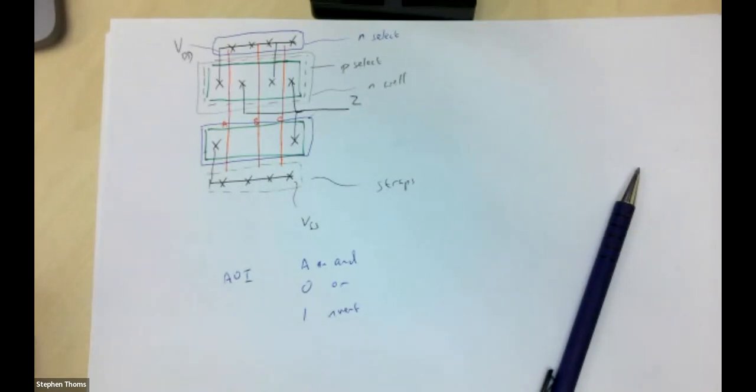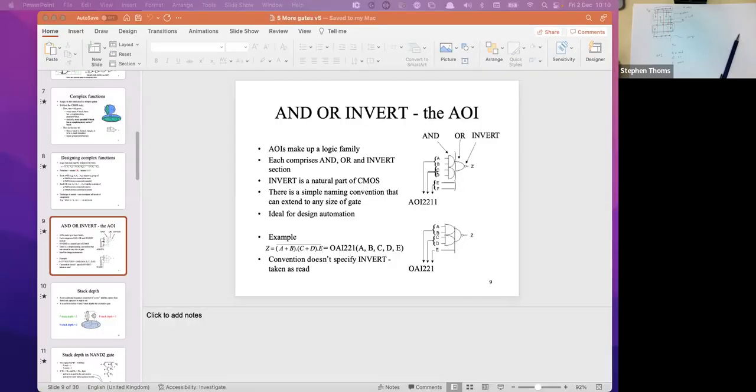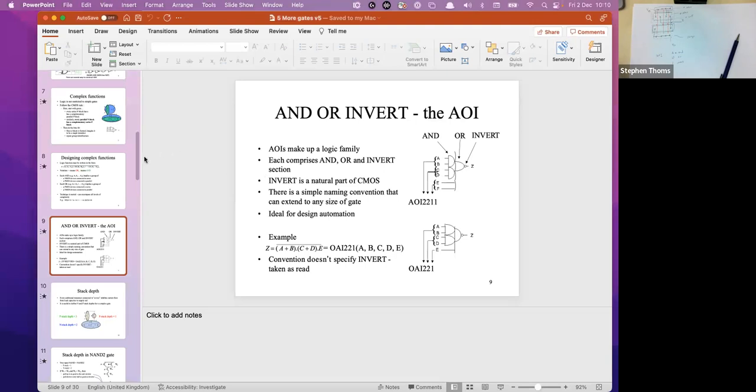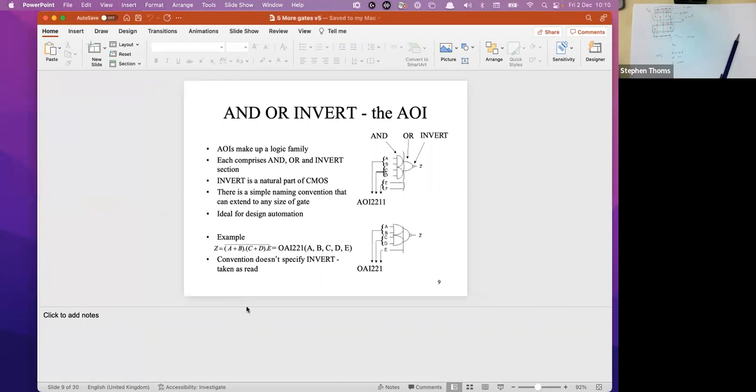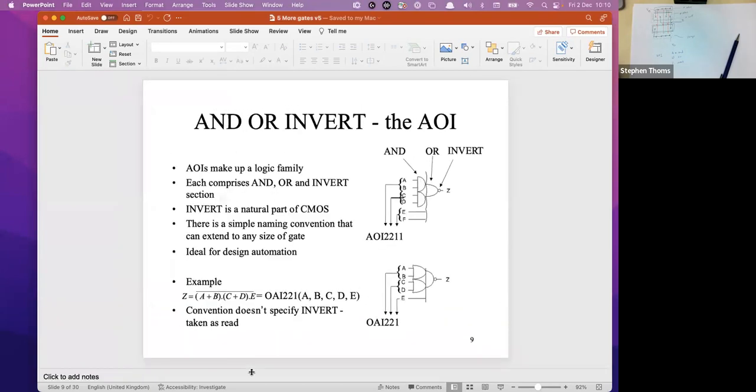Share screen. Okay, so I'm sharing the screen and here we are, reasonably big.